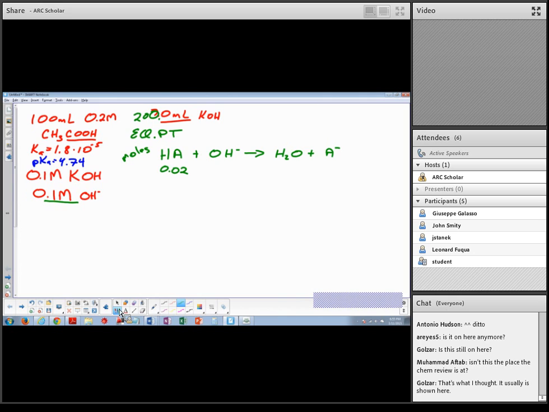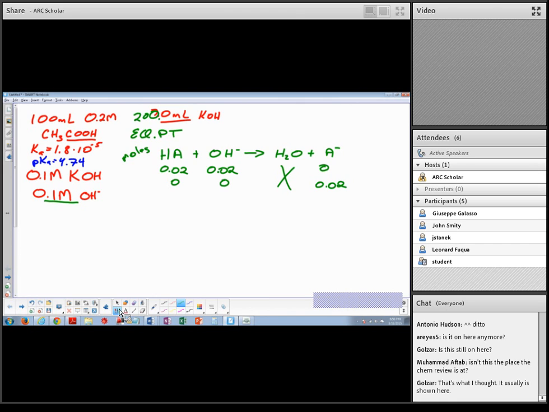Okay, so we have the same moles of acid and base. Water doesn't matter. Okay, so both of those are going to get used up. None of that left. And this is going to be 0.02. All the acid gets converted to the conjugate base. Wait, can you just repeat again where the 0.02 for the OH minus came from? Because we had 200 milliliters, so 0.2 liters times concentration.